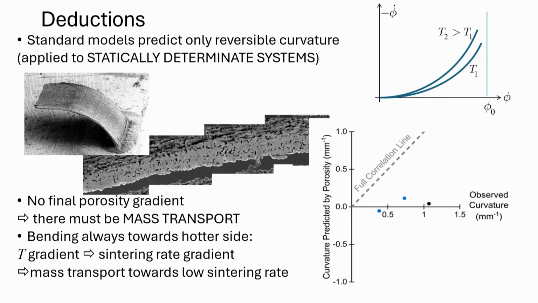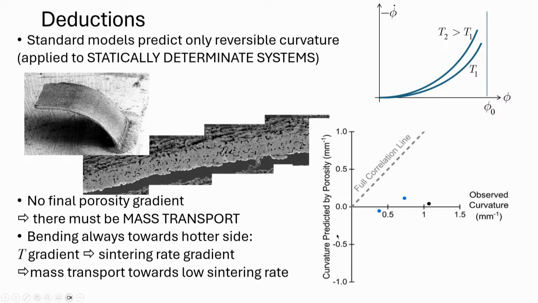Now, it's sintering. If you section the final sample and measure porosity, you can calculate how much curvature you should get from the gradient in porosity, right?